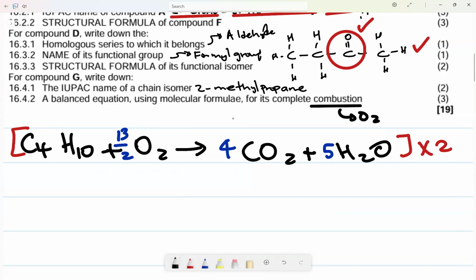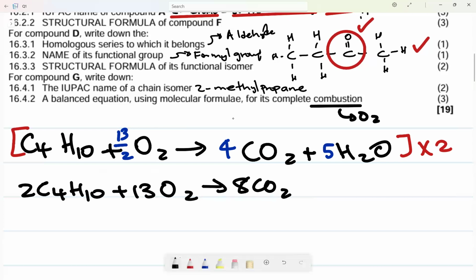So the final balanced equation is going to be, multiplying everything by 2, when I say everything, I mean the coefficients: 2C4H10 plus 13 O2 forming 8 CO2 plus 10 H2O. How do they mark this?